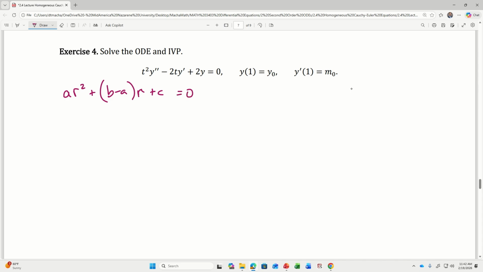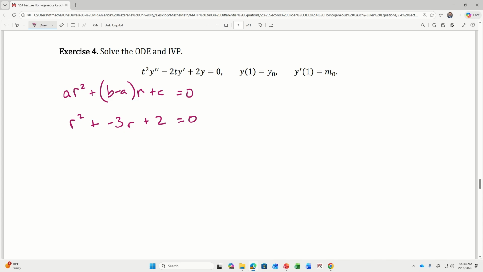And that would give me R squared plus negative 2 minus 1, which is negative 3R plus 2 equals 0. That one actually does work out really nicely, doesn't it? It would work out to be R equals positive 1 and positive 2.